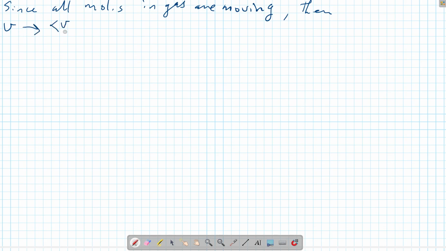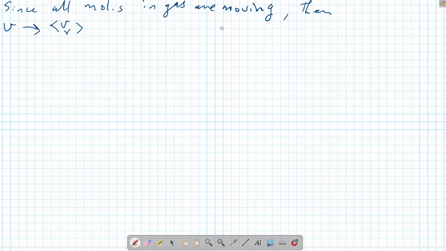Since all molecules in the gas are moving, none is stationary, then we should consider v to be the average of the relative velocity between molecules, right?